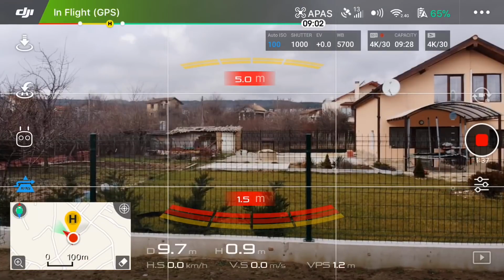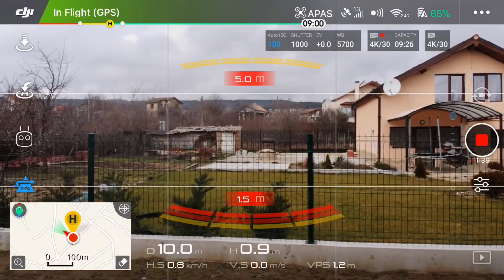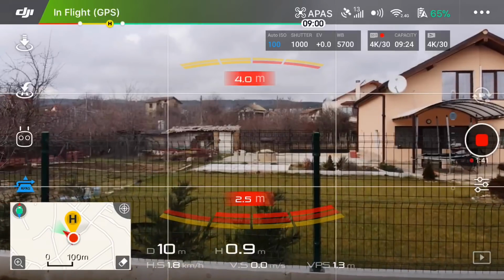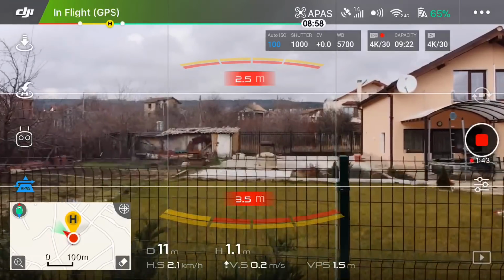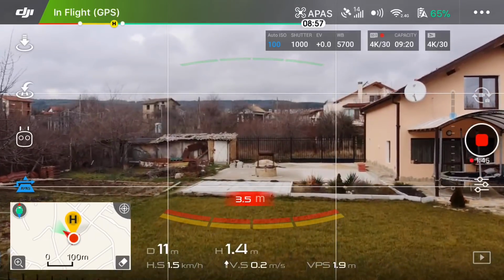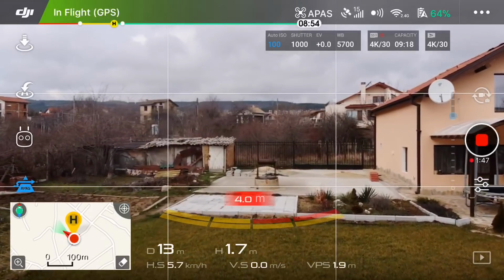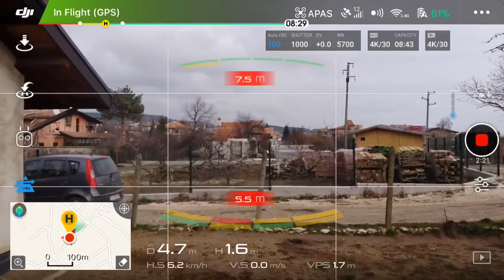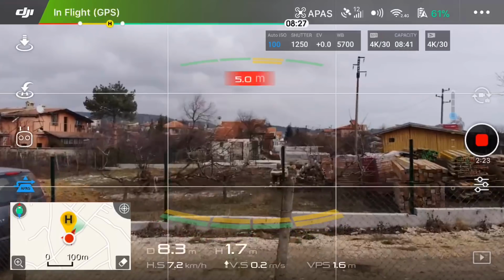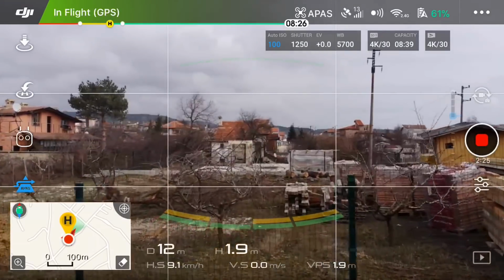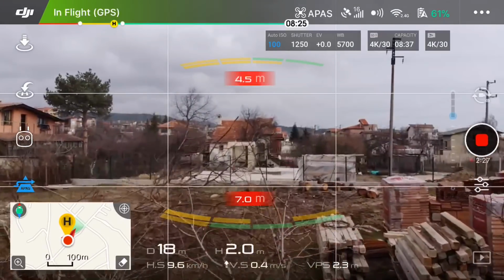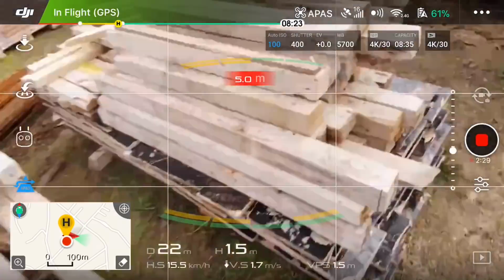So the first obstacle was this green seen-through fence, which was not a problem for the Mavic Air. It went straight over the fence and continued flying forward. The next fence was this almost transparent fence, which was also not a problem for the Mavic Air. The second fence was also not a problem, but here is where it gets interesting.